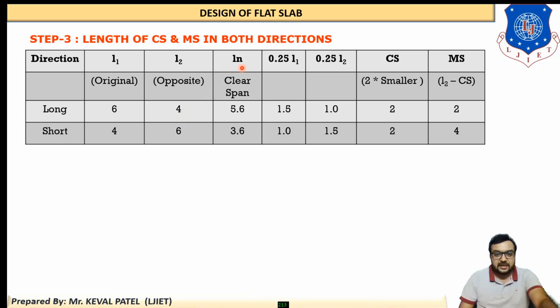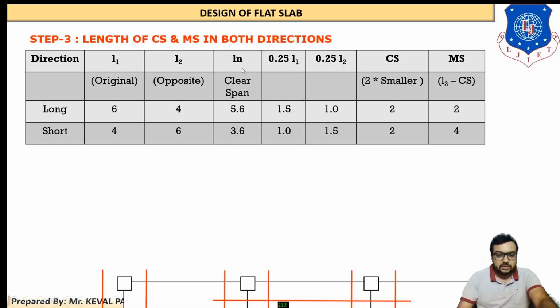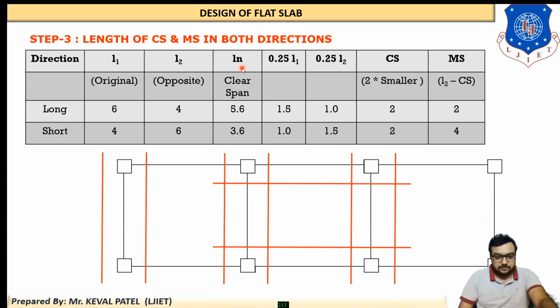The next column is LN. LN means clear span. Students, you can see that there are three slabs: this is slab number 1, this is slab number 2, and this is slab number 3.